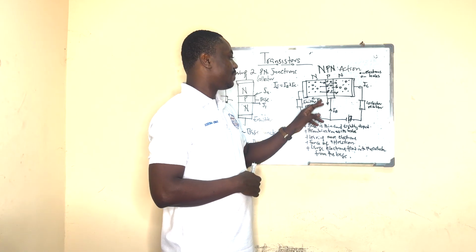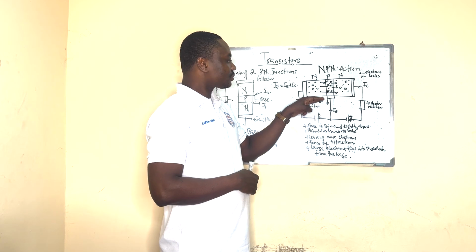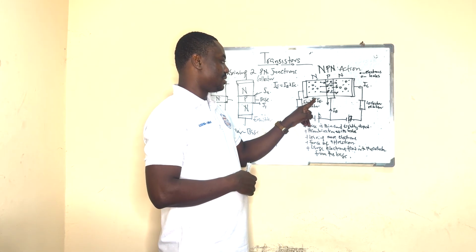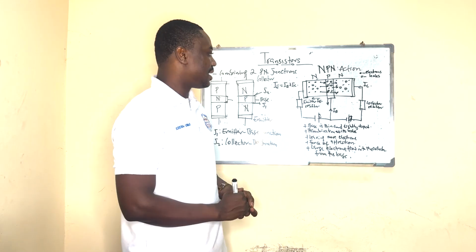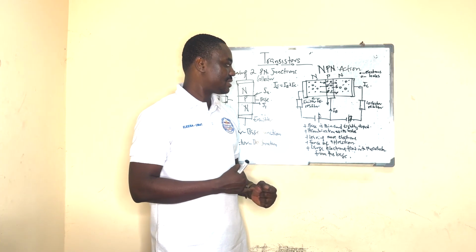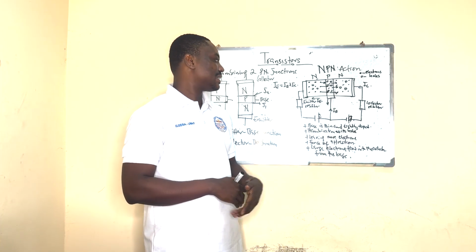Then we come to the emitter current, which is also opposite the flow of electrons. In that process, we have three big currents: the emitter current, base current, and collector current.